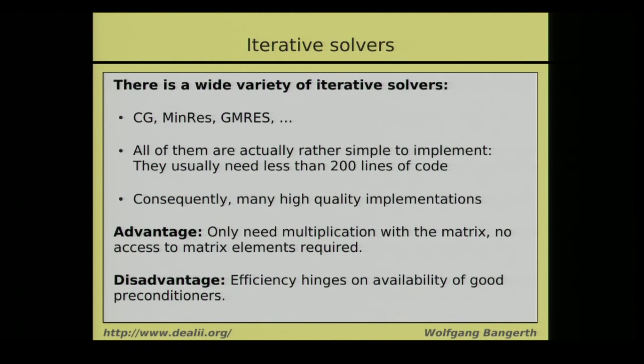Among the advantages of these methods is that, by and large, you only need a multiplication operation with the matrix. And I've shown you this when we solved step 20, where all we needed is I give you a vector, and you give me the product of this matrix with this vector. Whether you have the actual entries of this matrix at hand, if you can tell me what the entry M25 or A25 is, that's not important for me.